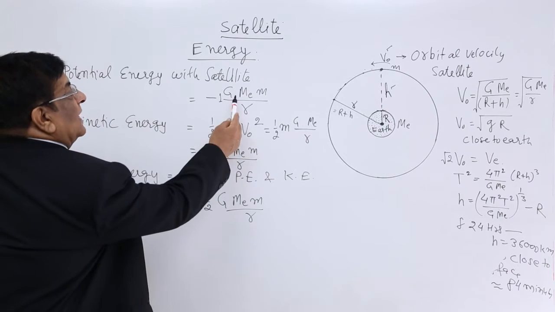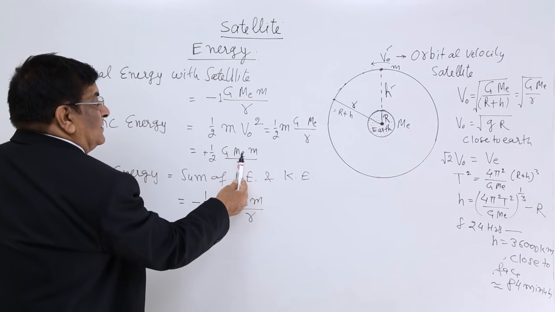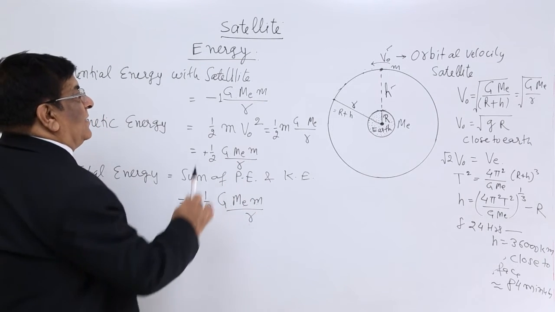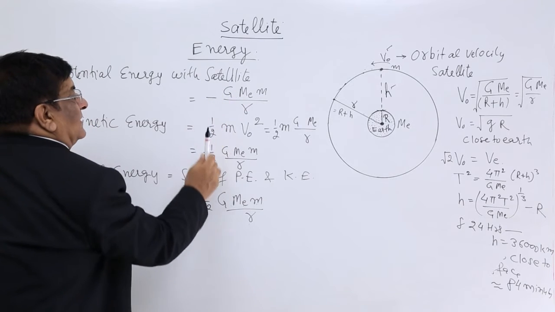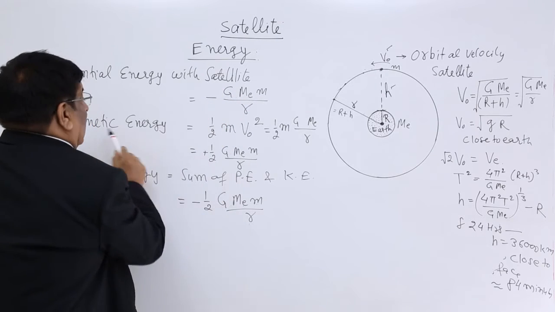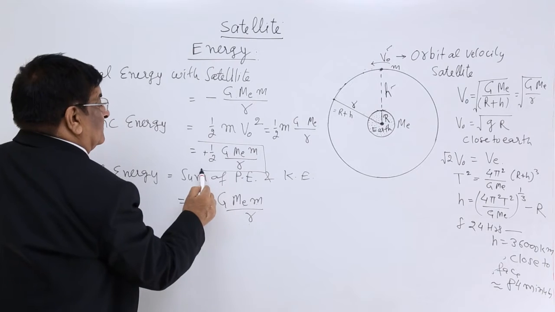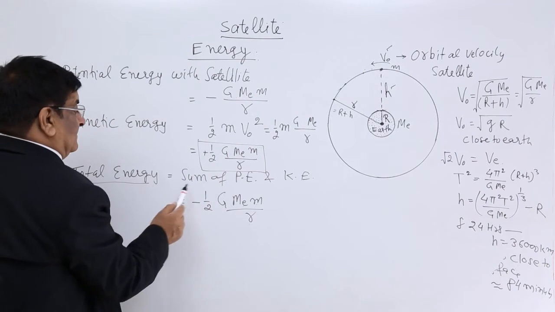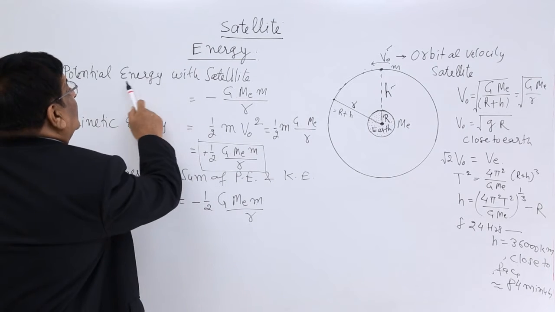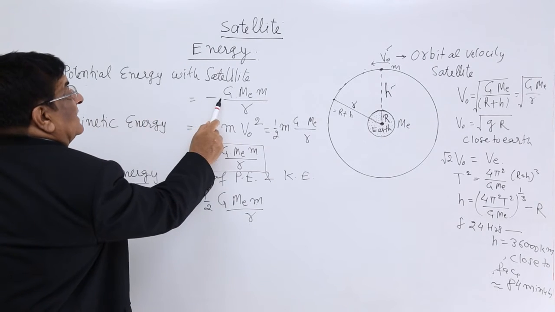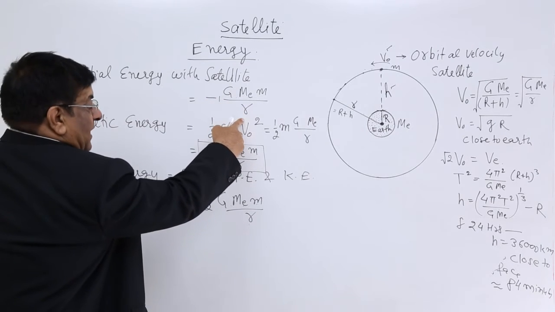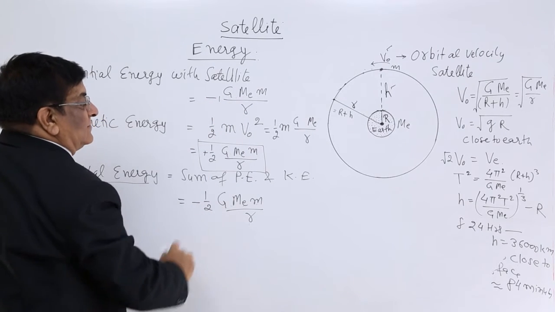So everywhere you find G Me m upon r. What you have to remember is that the kinetic energy, made negative, becomes the total energy. And the potential energy is minus 1 times G Me m upon r, while the total energy is minus half.